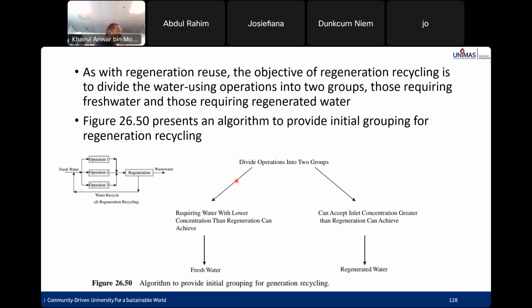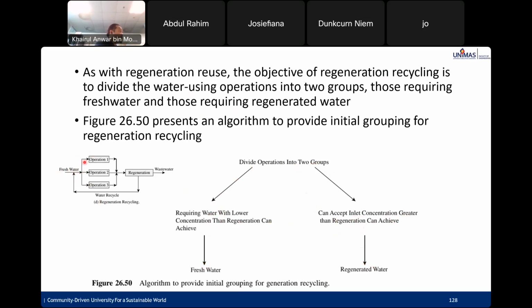So divide into two groups: requiring water with lower concentration than regeneration can achieve, and fresh water can accept a concentration greater than regeneration can achieve. This is the diagram for regeneration recycling.